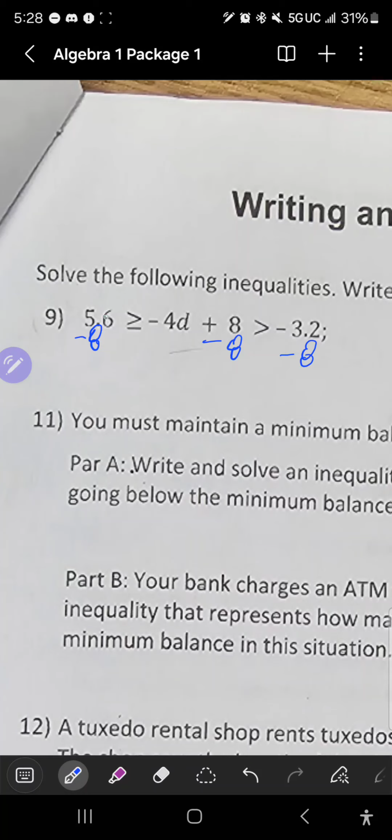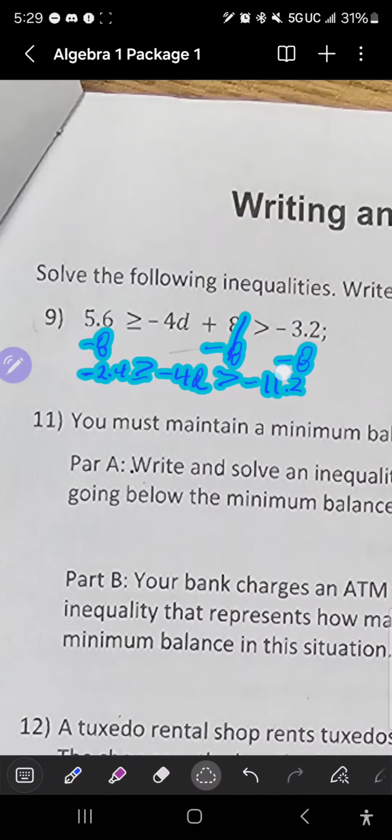So it's going to be 8 minus 5.6, which is 2.4. And since the 8 is the negative one, we give it the negative sign. So this is greater than or equal to negative 2.4. Since we cancel this, greater than negative 3.2 minus 8, they both have the same sign, so we just keep the sign and add them together, which is negative 11.2.